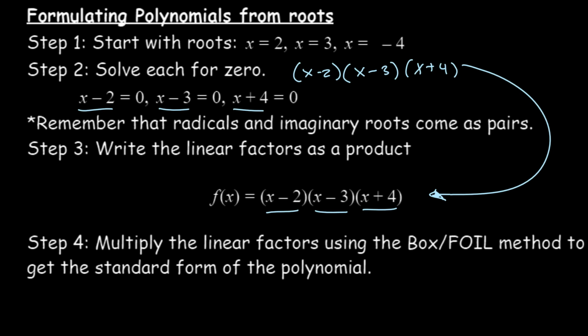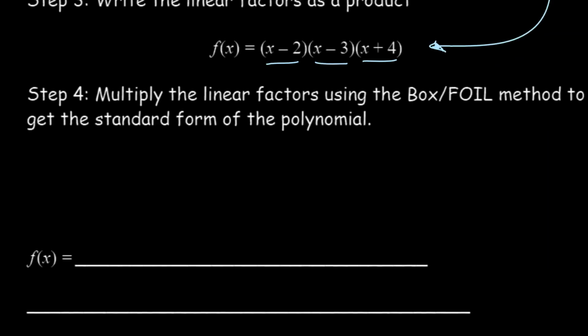Now, can I distribute all of these all at once? No. What do you think you're going to have to do? Break it up. So I would combine the first two, multiply those together, and then multiply it times the last parenthesis. So let's go ahead and do that.